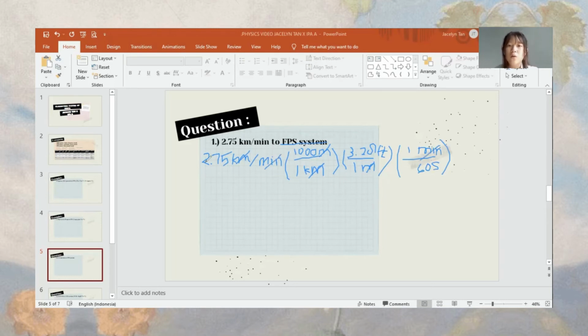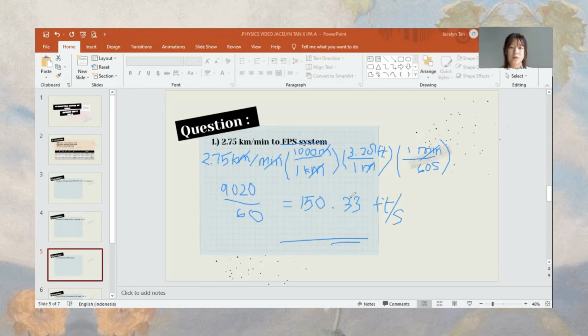Now we just need to multiply it all. So 2.75 times 1000 times 3.28 divided by 60 seconds, we will get 150.33 feet per second.